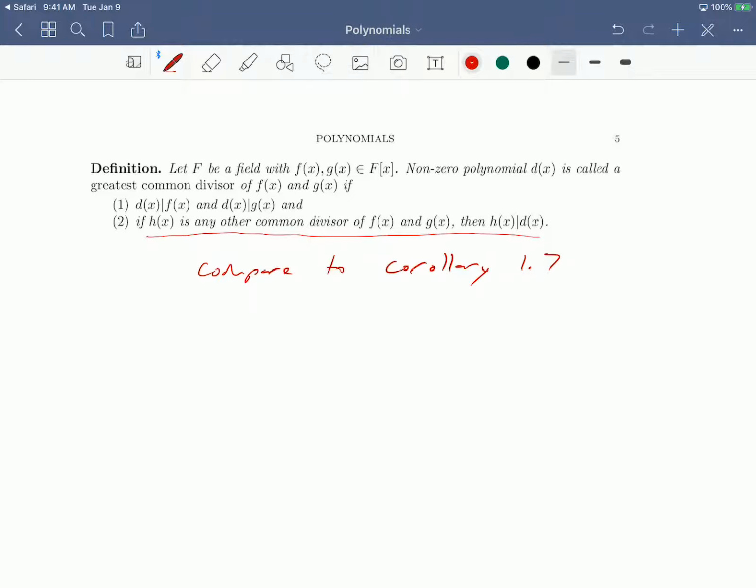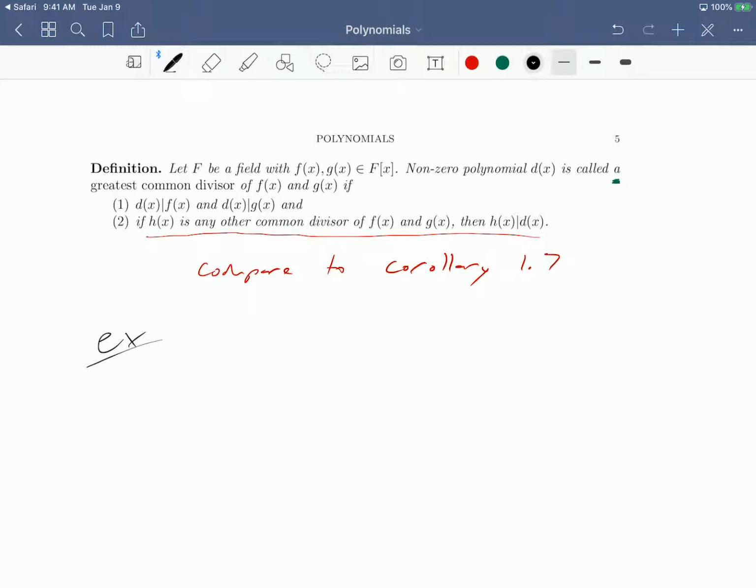What it says is, if you have some other divisor, then it divides the greatest common divisor d. And I said the greatest common divisor. I should not have been saying that, because notice the language here, a greatest common divisor. That's using the word "a" instead of "the" for a very particular reason.